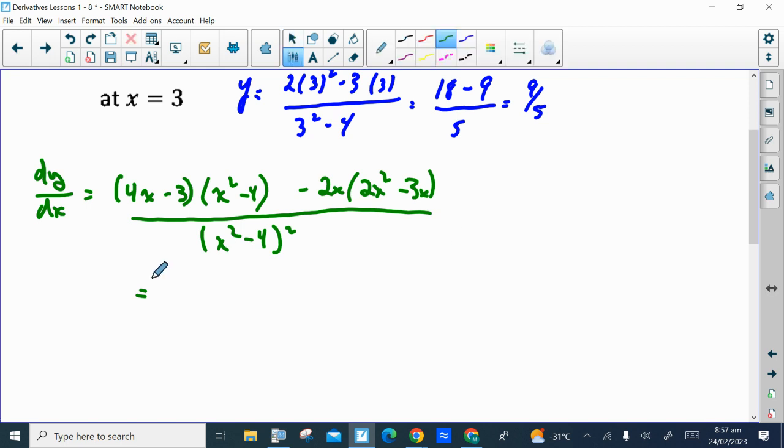So if we multiply out the brackets, you're going to get 4x cubed. The outer products will be negative 16x. The inner product's negative 3x squared. And the last term is plus 12.